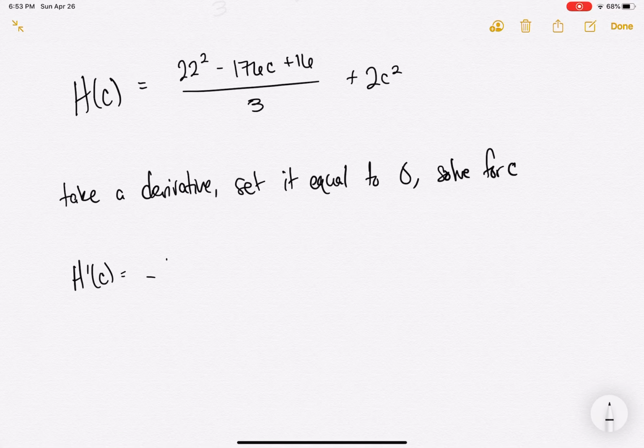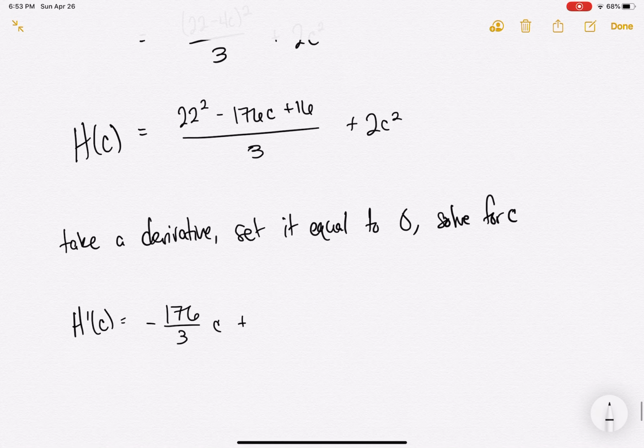I then get negative 176 over 9 plus 32c over 9 plus 4c.